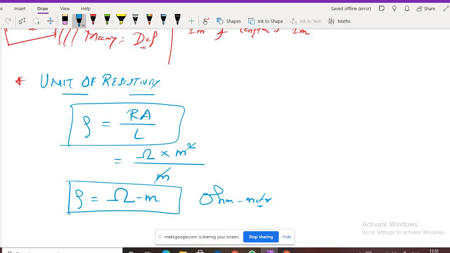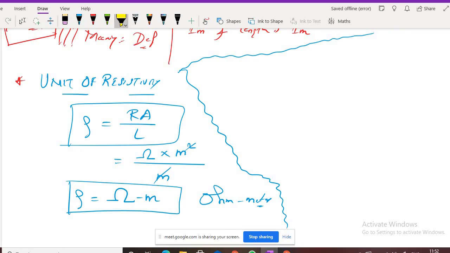Now, you have to understand that resistivity depends on a few things. So what are the factors on which resistivity depends? Till now we have studied the factors on which resistance depends, but now we will study the factors on which resistivity depends.